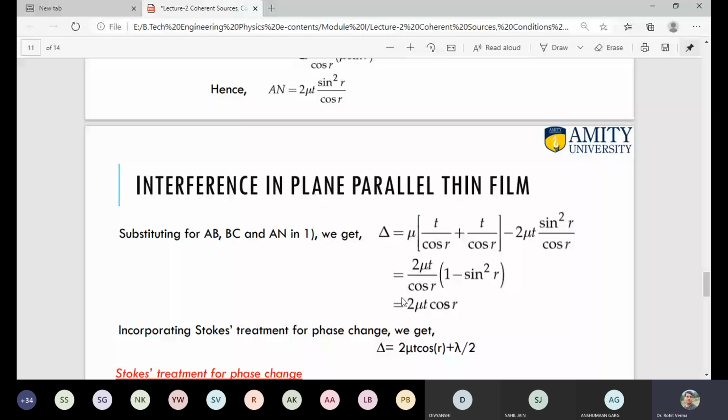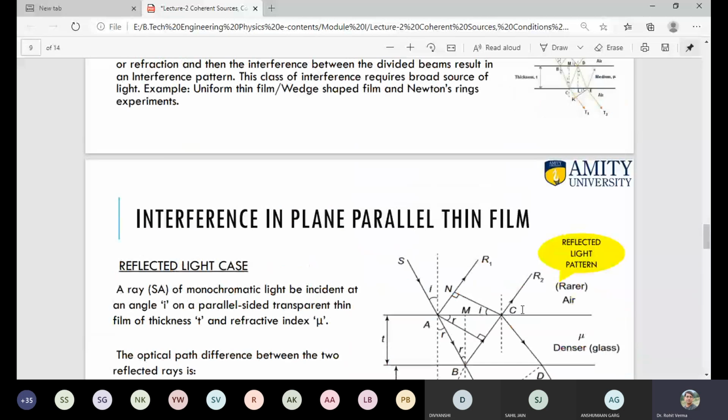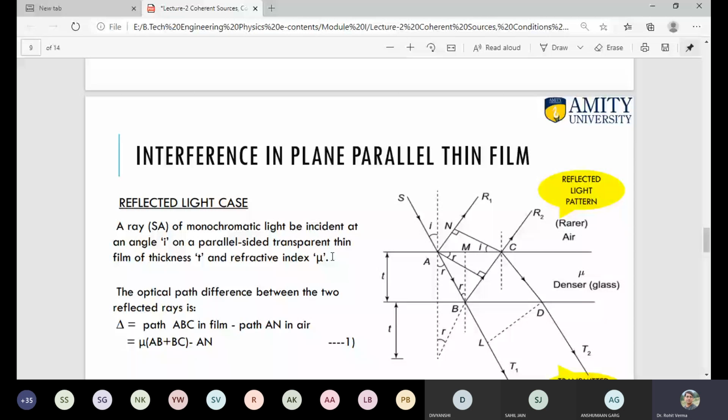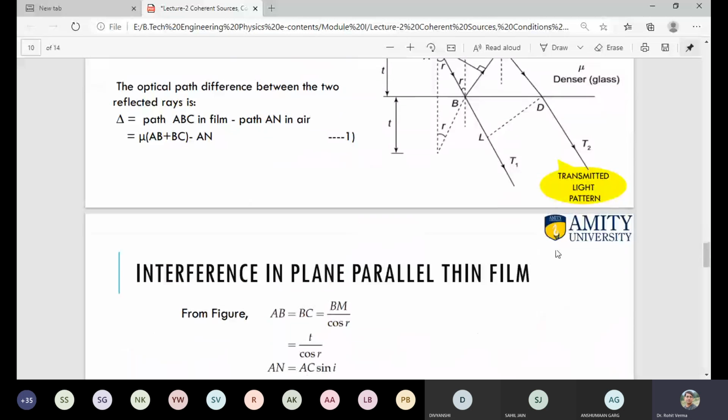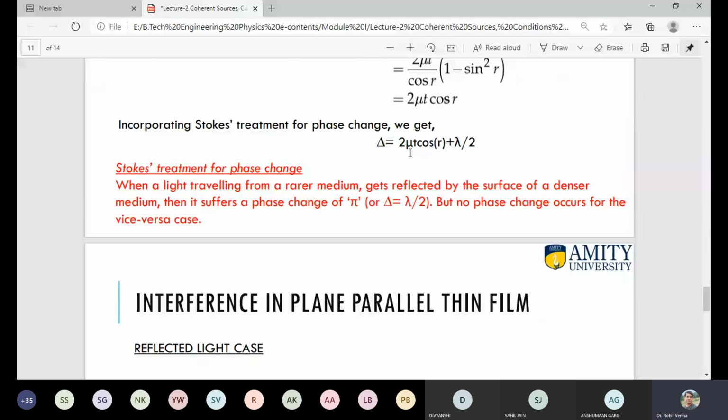So in this path difference which we have calculated from the geometry, we will add lambda by 2, because this ray R2 is reflected from the surface of a denser medium. This is known as Stokes treatment, which is written over here. You can go through this. So the total path difference between the two interfering rays comes out to be 2 mu t cos R plus lambda by 2.